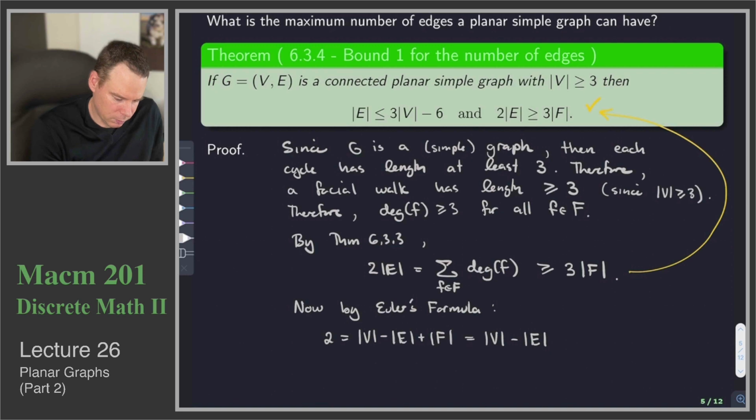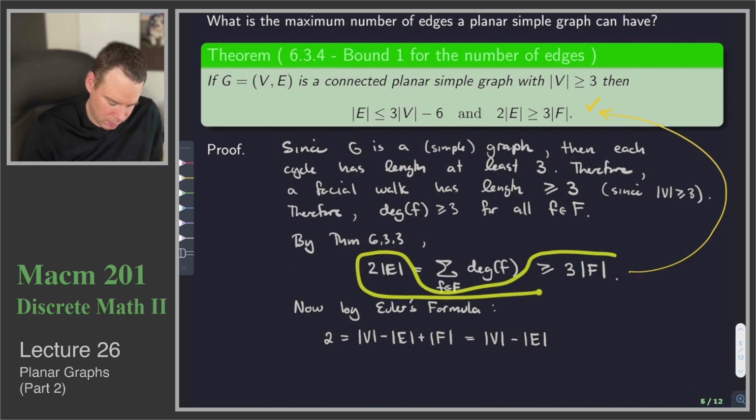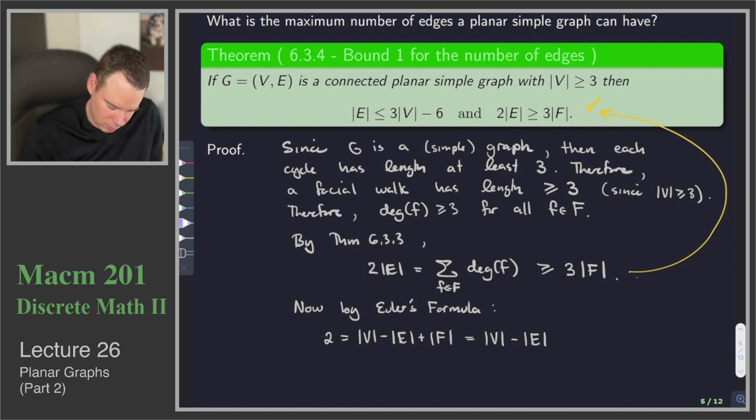Well, this result tells us that F is less than or equal to 2/3 of E. So that's worth noting. So F is less than or equal to 2/3 of E.